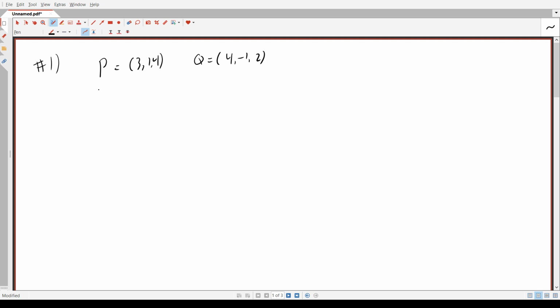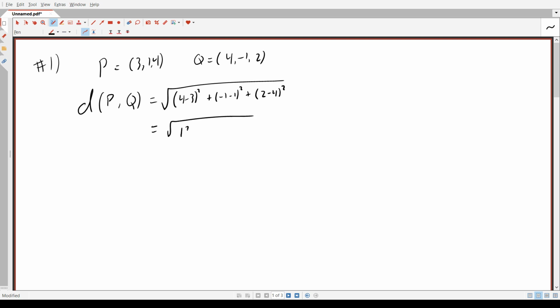Okay, so I want the distance between these 2 points, so I'll call it the distance from P to Q. That's going to be the square root of, here I don't care which direction I'm going in, so I'm going to go (4 - 3) squared plus (-1 - 1) squared plus (2 - 4) squared.